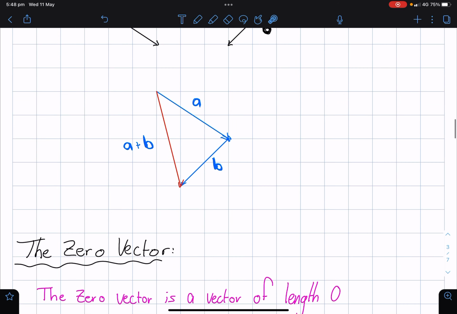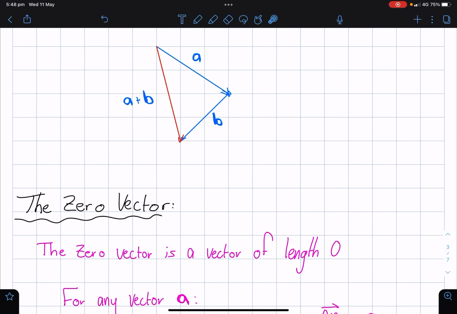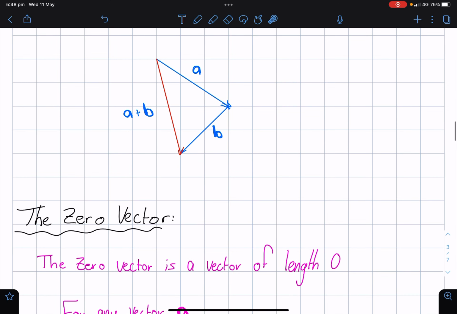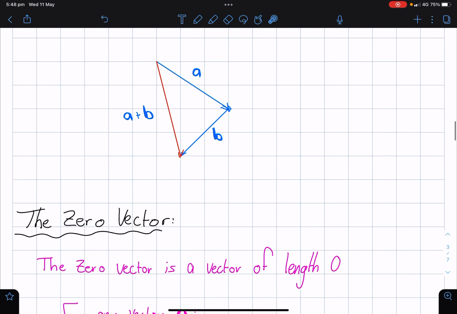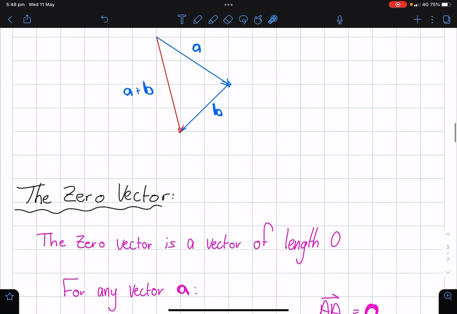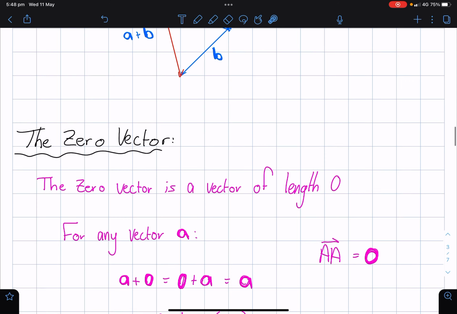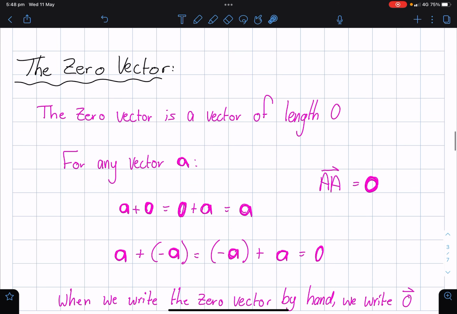All right. So the second thing I wanted to run through with you guys in this video was actually the zero vector. So the zero vector is a vector of length or magnitude 0. So for any vector A, we actually have a few results here. Okay.